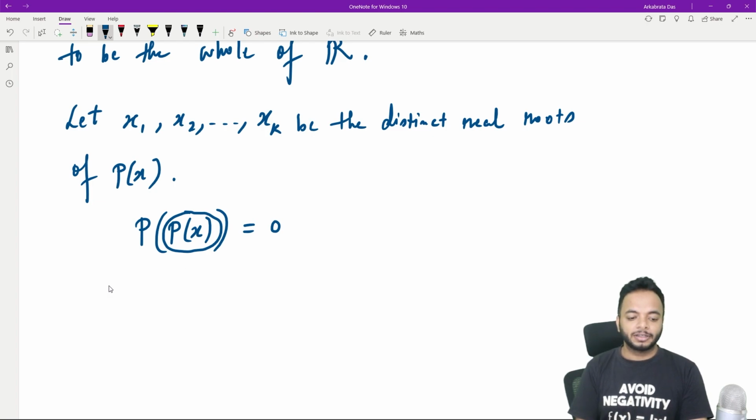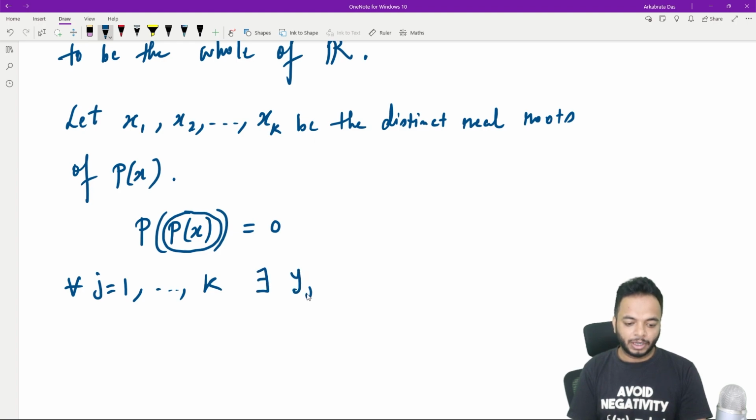And so corresponding to it, we will have some value yj where p(yj) equals xj. So for all j going from 1 to k, there exists yj such that p(yj) is equal to xj.